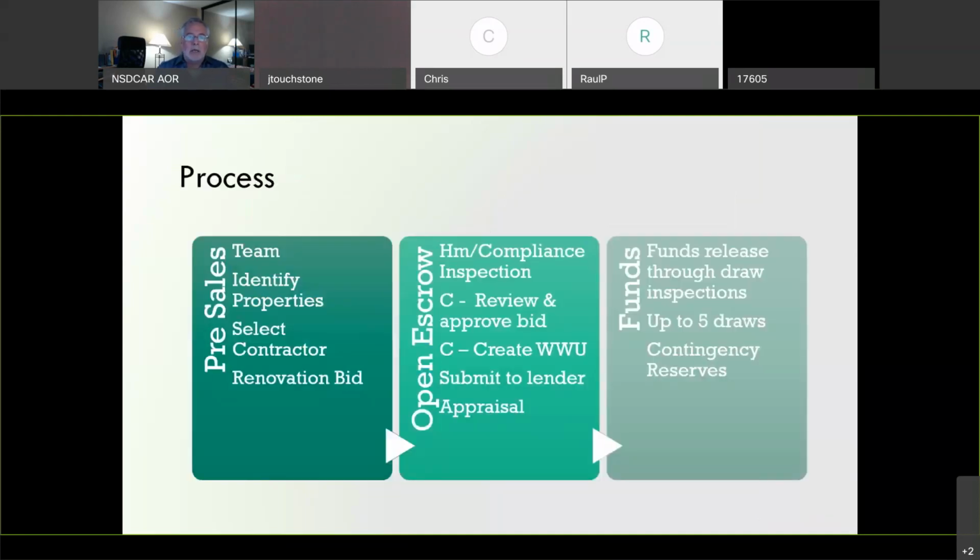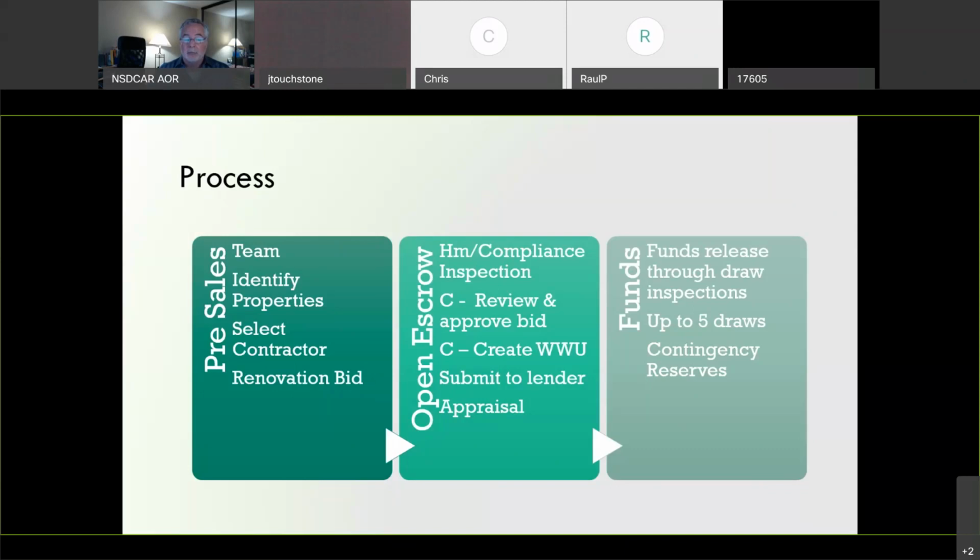So this is a key part of the process, to really try to get a lot of this done before we actually open up escrow. Put your team together, obviously identify properties, get your contractor on board, have your contractor working on the bid. If we are creating income properties, we have to start putting plans together.